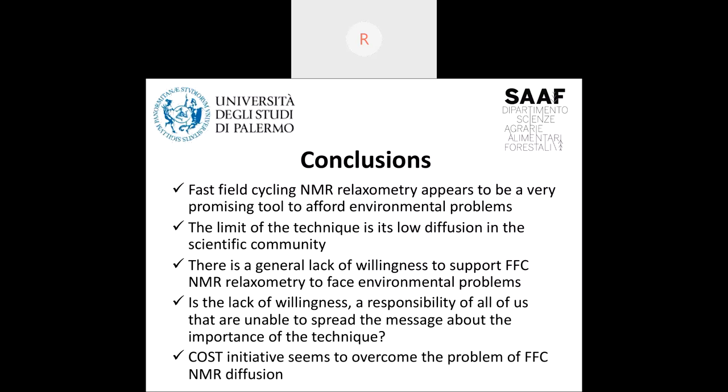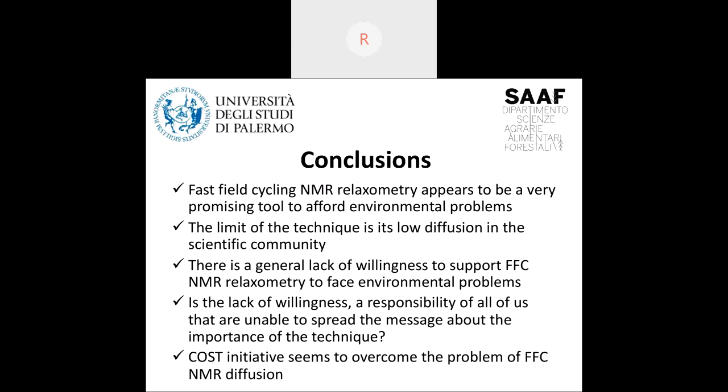So I really hope that we can spread this technique much more around the world, at least as well as normal NMR spectroscopy. Of course, this is just a hope for future applications, but what I'm seeing at the moment seems to go in this direction.